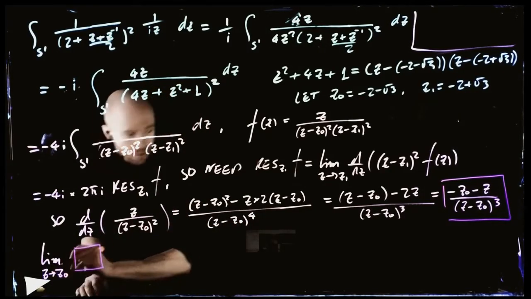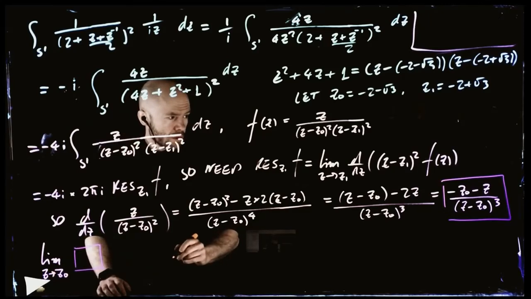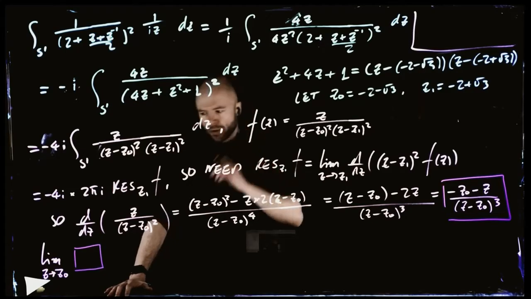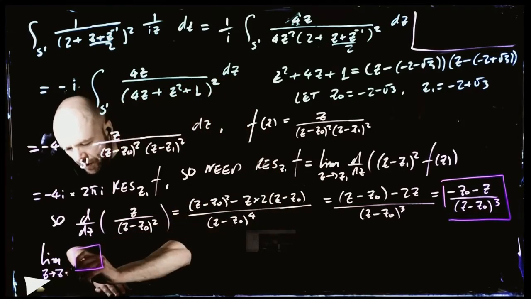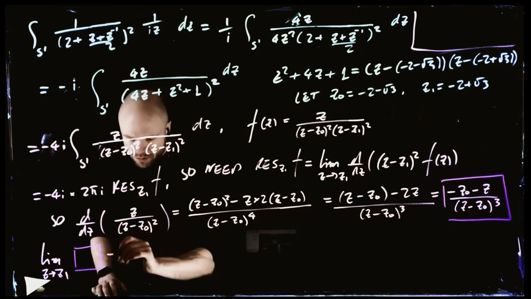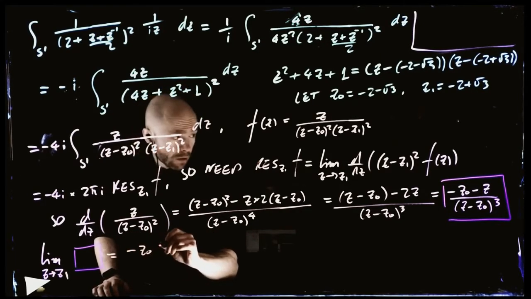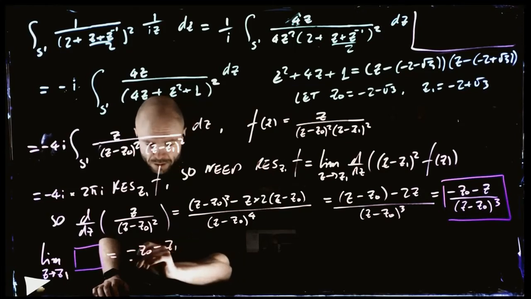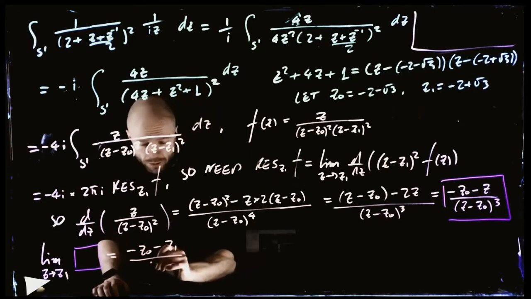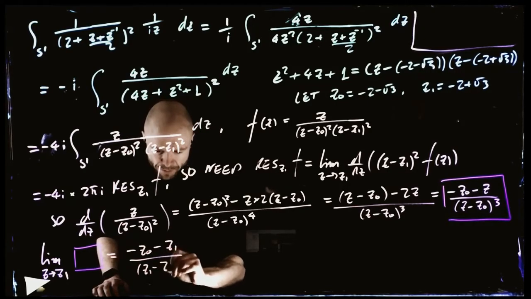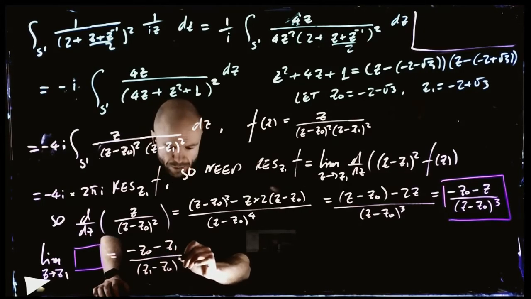No, not z0, z1. Okay, so we are going to get minus z0 minus z1 here, and then we're going to have z1 minus z0 to the power 3.